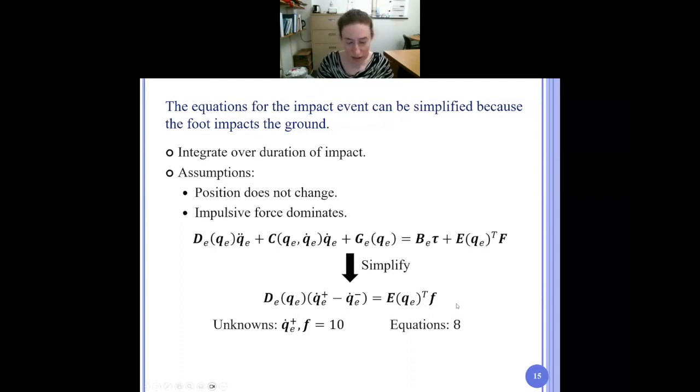In this algebraic equation, we don't know the velocity just after impact, which is QE dot plus, and we don't know the integrated impulsive force F. We do know what the velocity just before impact is, so we know QE dot minus, and we know what the position of the biped is, so we know QE. At this point, we have 10 unknowns and 8 equations. So we need another 2 equations in order to uniquely solve this system.